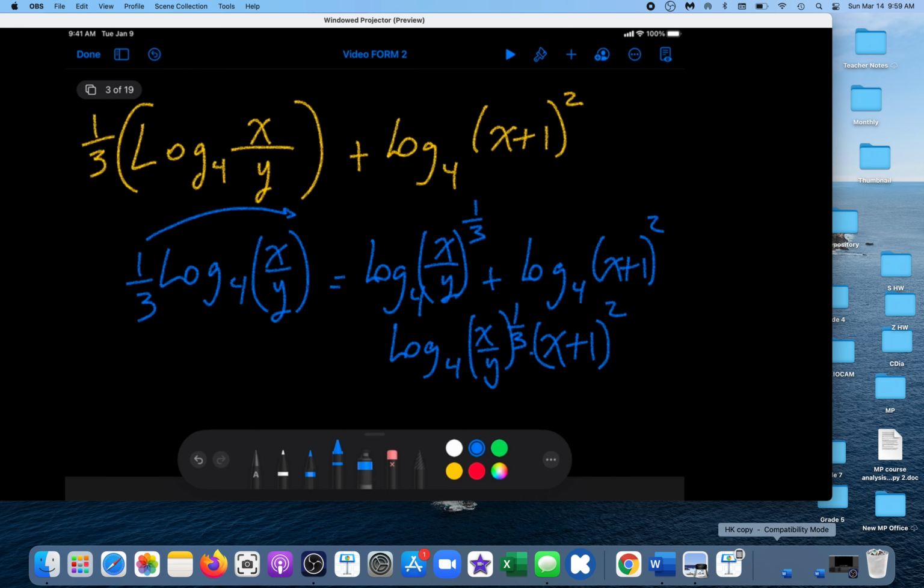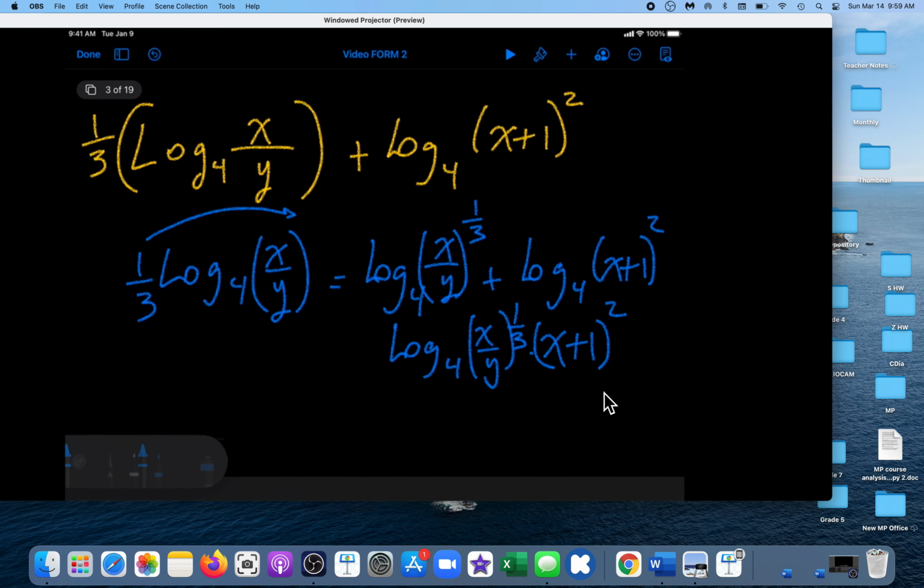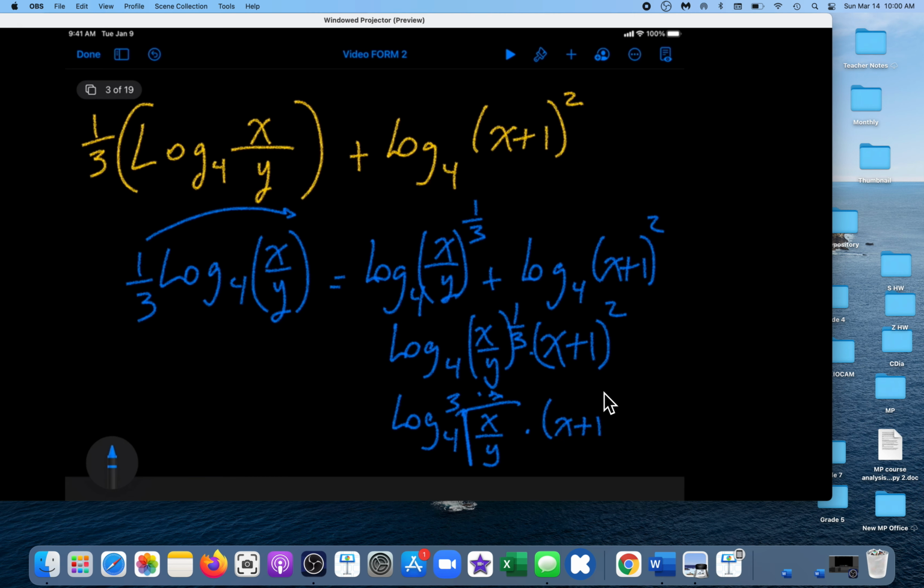And that is your final answer. All we did was condense these into 1. And if you want, you can make this a little neater and make that log base 4 of the 3rd root of x over y times x plus 1 squared. Okay, sorry that it was a little crowded there.